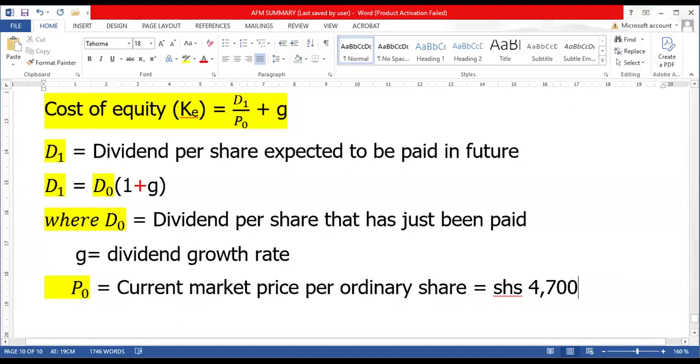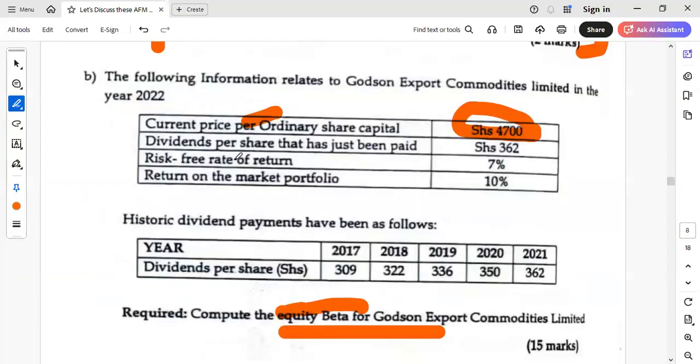Then we are given the dividends per share that has just been paid.